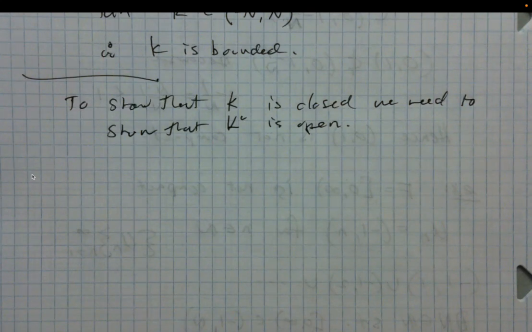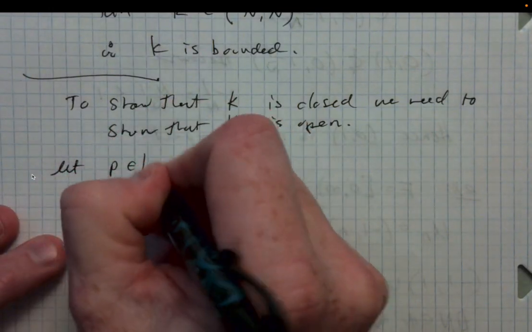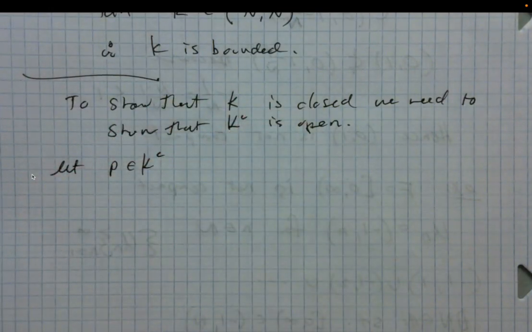Okay, and so what that usually involves is finding an interior point of K complement, and having that interior point be arbitrary. So let's pursue that. Let P be in K complement. What we'd want to show is that it's an interior point. P is just some arbitrary point in the complement of K.